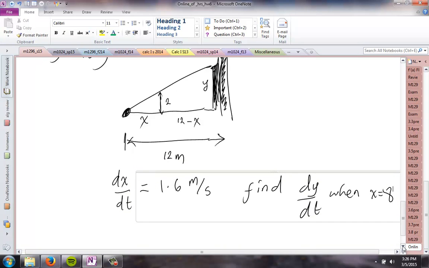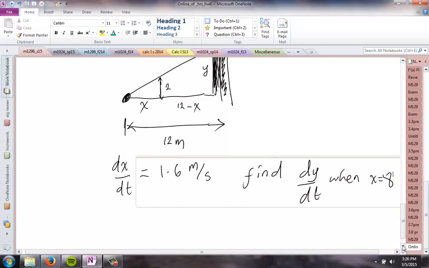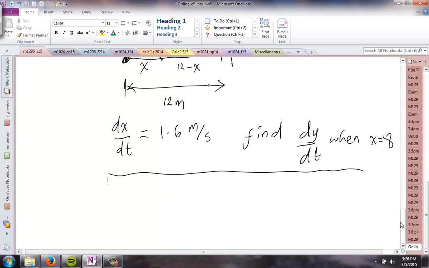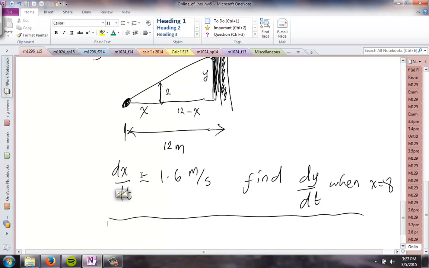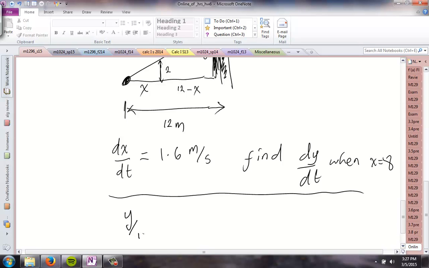So to get our equation, we're going to use similar triangles. From the bigger triangle, we have that y over 12.